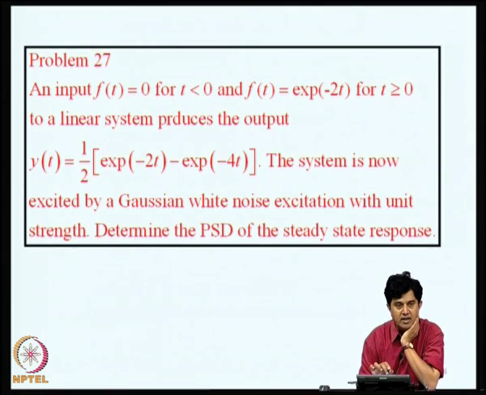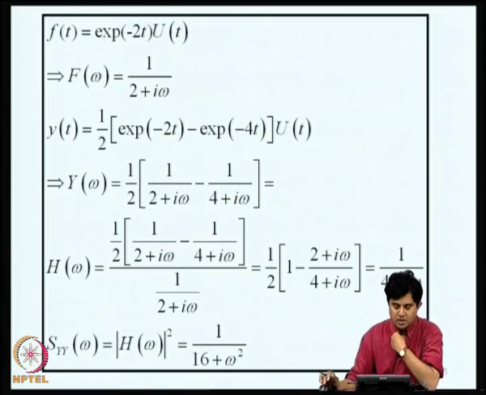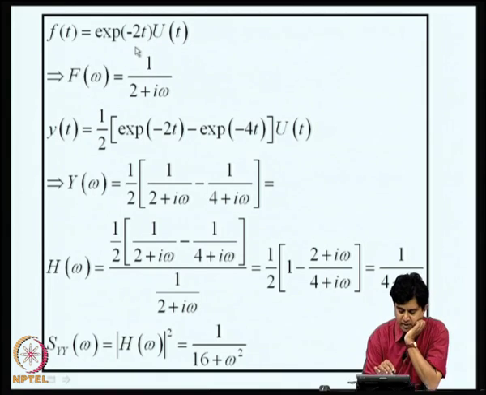So, notice that we are not given the governing differential equation here, but the input output relation in the time domain is given. Now, f of t is exponential minus 2t u of t. So, the Fourier transform of this, you can quickly verify, is 1 by 2 plus i omega. Y of t is given as half of e raised to minus 2t minus e raised to minus 4t into the step function.